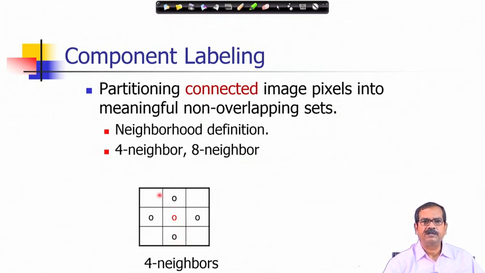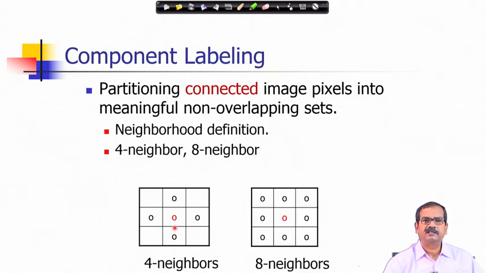So, these are the 4 neighbors of this pixel, and this neighborhood is called 4 neighborhood. Whereas, if I also consider the diagonal positions as neighbors, then this definition is an 8 neighborhood definition. So, you can have different such neighborhood definitions, and accordingly the connectivity will also be defined between two pixels.